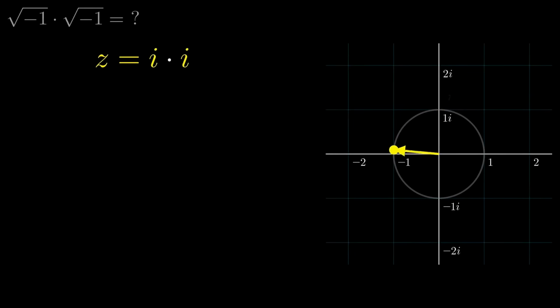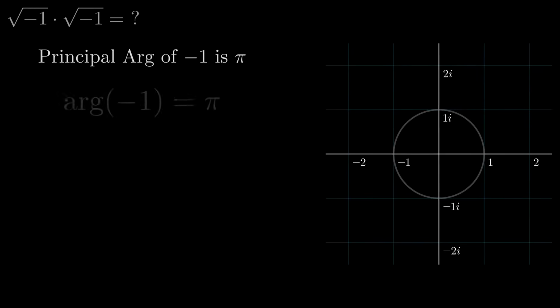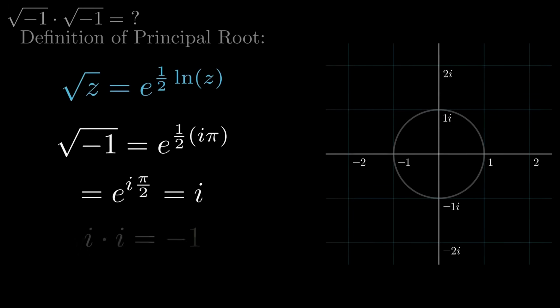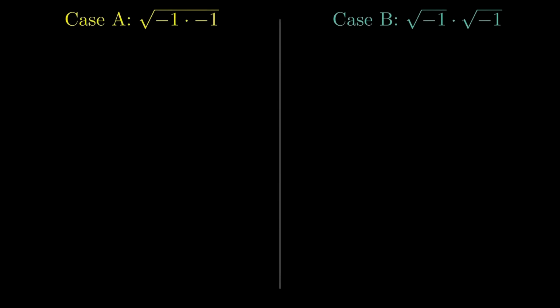That rotation takes us right back to negative 1. So the calculation says i times i equals negative 1. Nothing illegal happened. We followed the principal definition at every step. But notice what changed. We didn't just multiply numbers, we stacked rotations, and this is the moment where the shortcut quietly breaks.